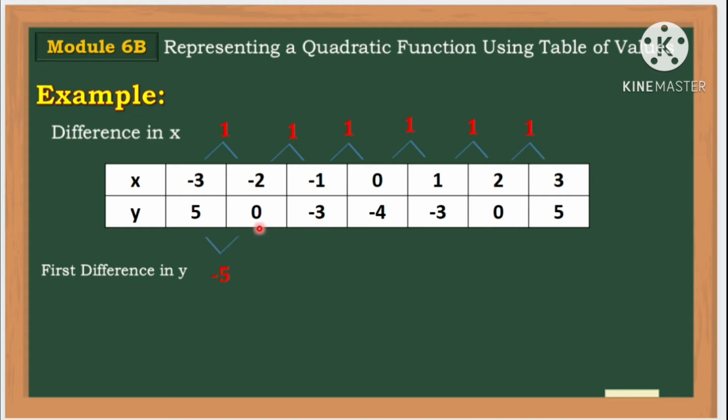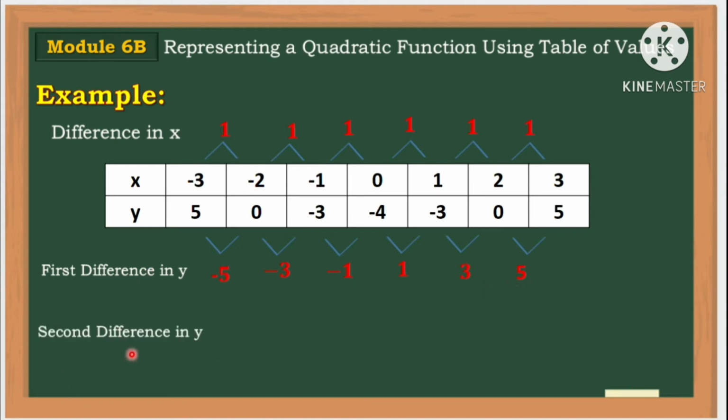Negative 3 minus 0, negative 3. Negative 4 minus negative 3, negative 1. Negative 3 minus negative 4 is equal to positive 1. 0 minus negative 3 is equal to positive 3. 5 minus 0 is equal to 5. So, observe, first difference in y, di pa yan pare-parehas.